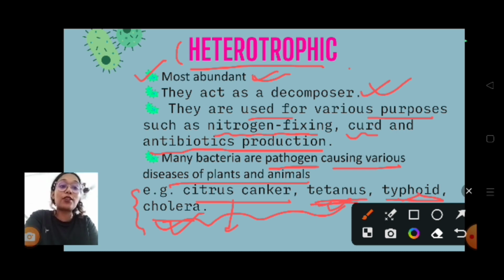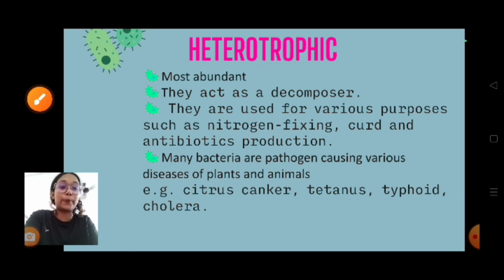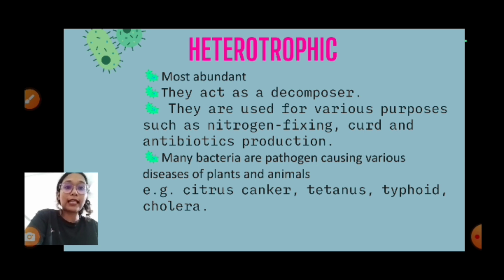These are bacterial diseases. Don't forget the examples. You understood the usefulness of bacteria? Three useful characteristics are given here: nitrogen fixation, formation of curd from milk, and antibiotic production.